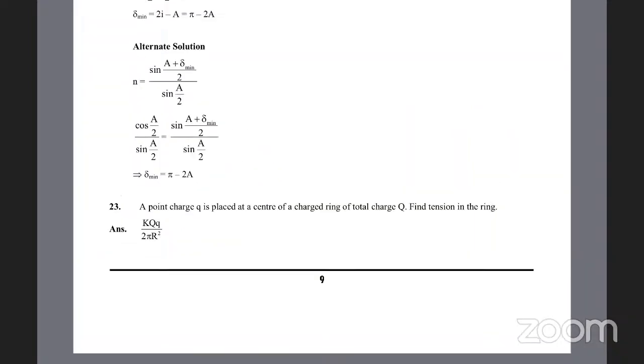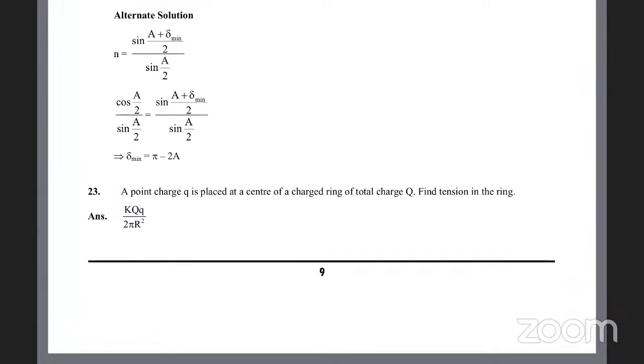Look at this one. A point charge Q is placed at the center of a charged ring of total charge Q. Find the tension in the ring. So let us look at this one.